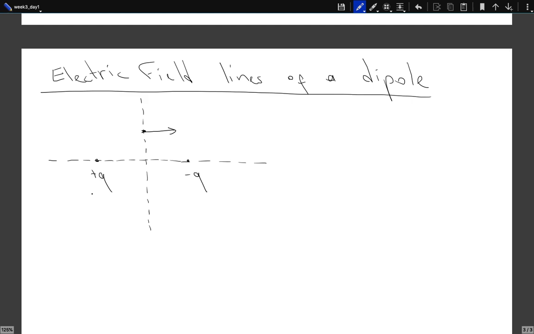So at this point, the electric field created by this plus q charge will be huge, whereas the electric field created by this minus q charge will be much smaller. So if we ignore that, the electric field over here will be just pointing away from the positive charge. So at that point, the electric field will point in this direction.